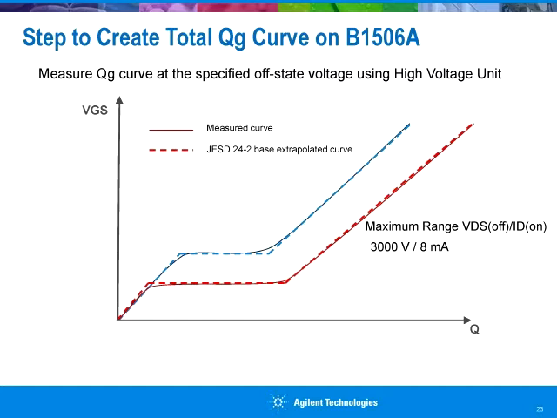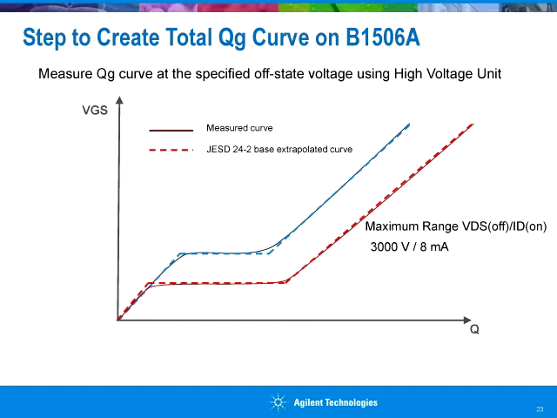Next, measure the QG curve by using the high voltage SMU. Since the on current of the high voltage SMU is limited by its output current capability, the plateau voltage, this is the gate voltage to determine the on current, is lower than the plateau voltage measured by the high current unit. But total QG is measured from offset.